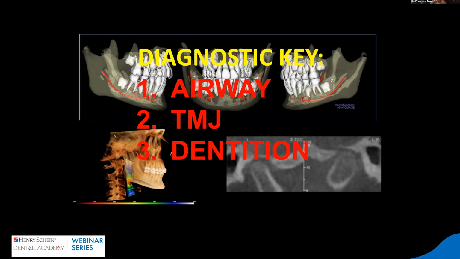The airways usually go together with the sinuses, the maxillary sinus and paranasal sinuses. The TMJ always goes together with the occlusion, and the dentition always goes together with the alveolar bone, and of course the occlusion and the dentition and the impactions, etc. The dentition is extremely important and goes together with the alveolar bone because we are moving teeth through the alveolar bone.